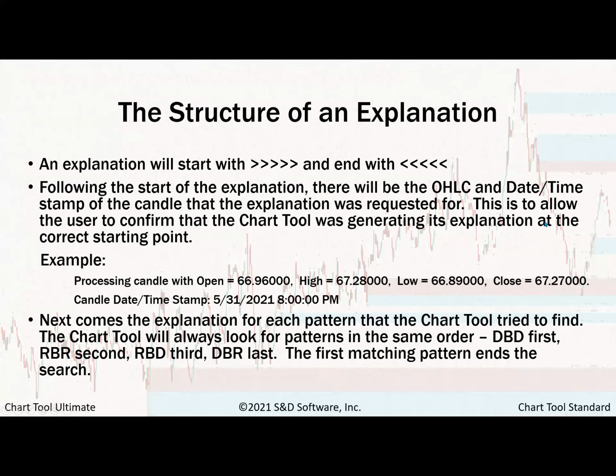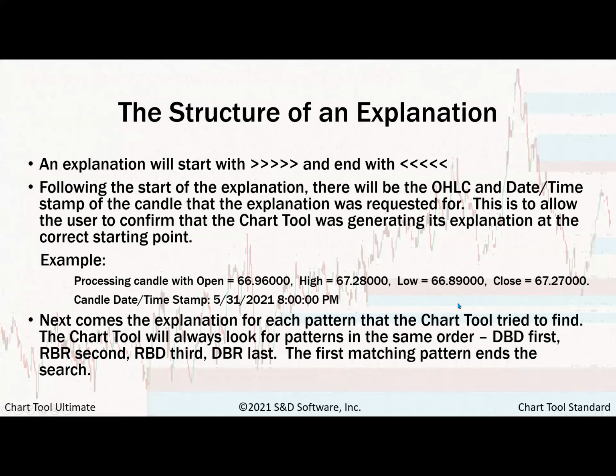Now, following the start of the explanation, there's going to be a couple lines, and these identify the last candle in the block of candles that we've been asked to process. And they do this in a different way than the candle number. So it gives us a way to cross-check what we've been given. So the user can come in, can look at these, match them against the candle that they designated, and make sure that the explanation is starting at the correct location.